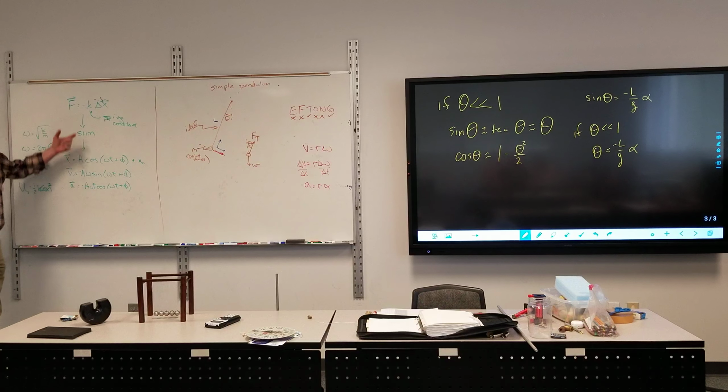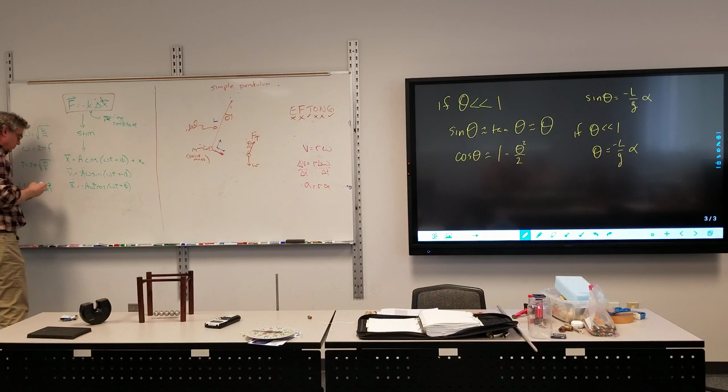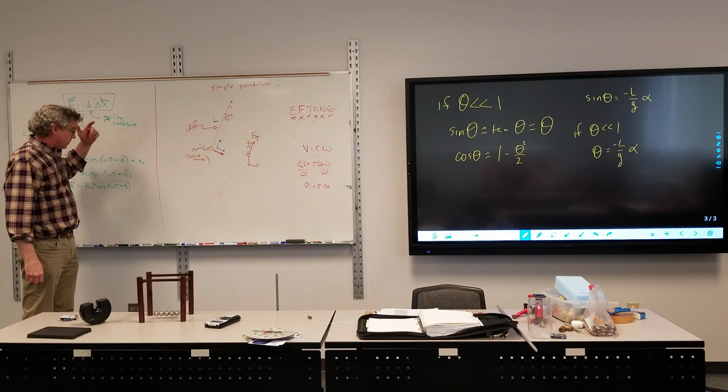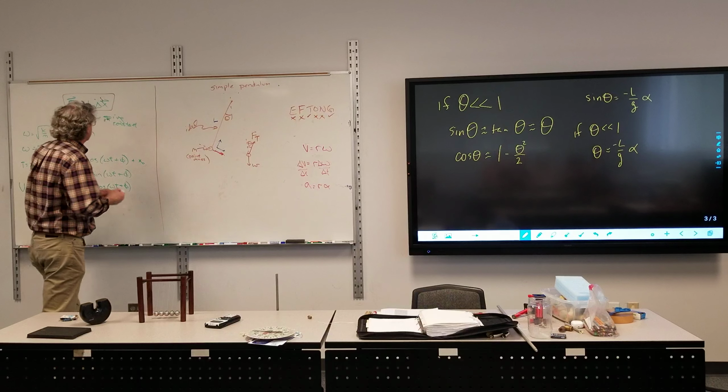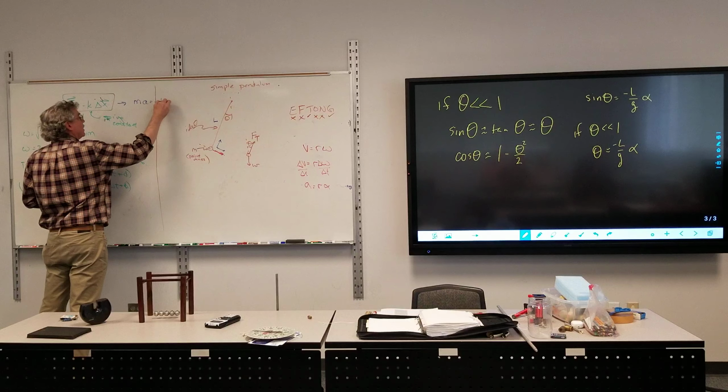If we look back over here at this equation, at Hooke's law, if the only force acting on the object is this elastic force, then this becomes ma equals negative k delta x.